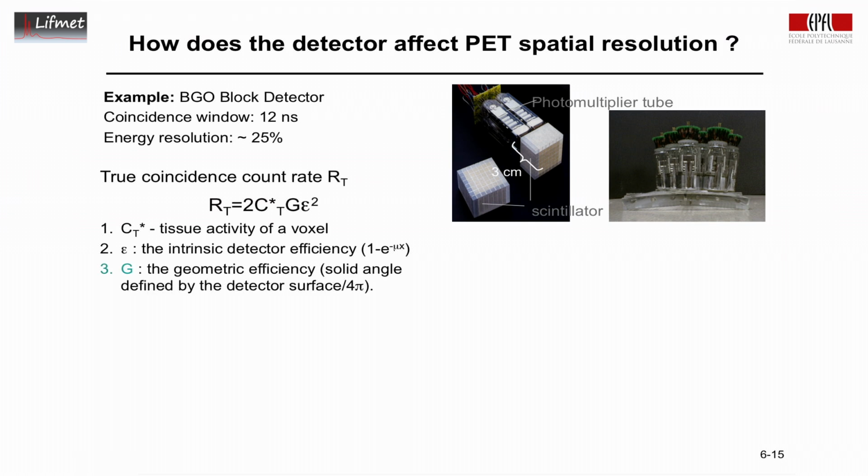We have to consider also the geometric efficiency, that is, what percentage of the solid angle do we see by the detector. So the detector surface here in green divided by 4 pi the radius squared gives us the percentage of all the X-rays that we can detect.